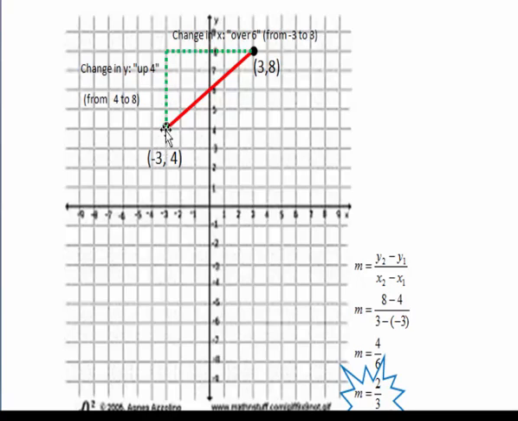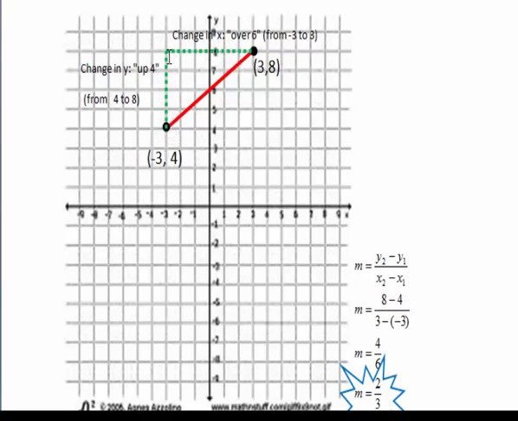Now, what slope really is for any 2 given points, it's how much you go up compared to how much you go over. So in this case, to get from negative 3, 4 to 3, 8, I went up 1, 2, 3, 4 units, and I went over 1, 2, 3, 4, 5, 6 units. That's why it's called a change in y.